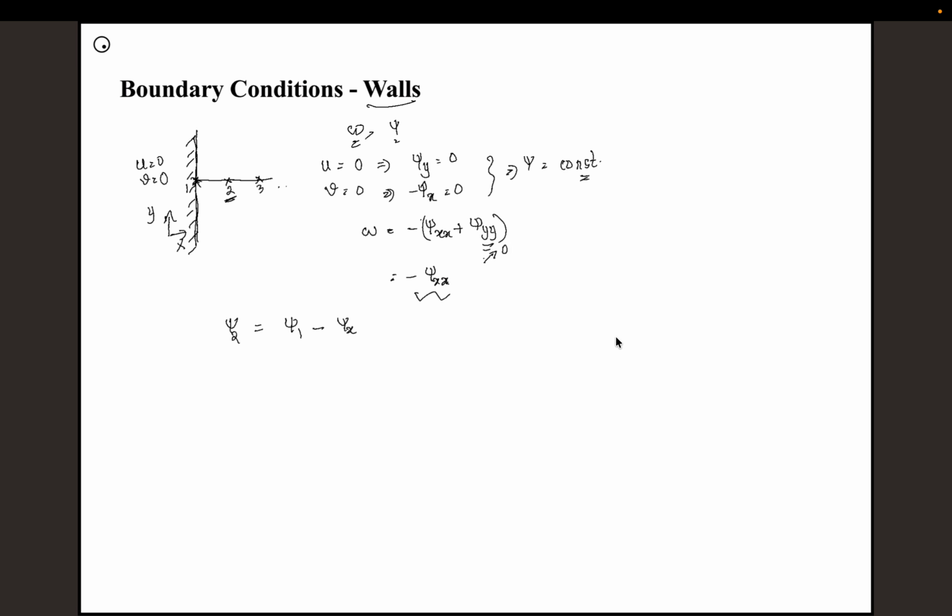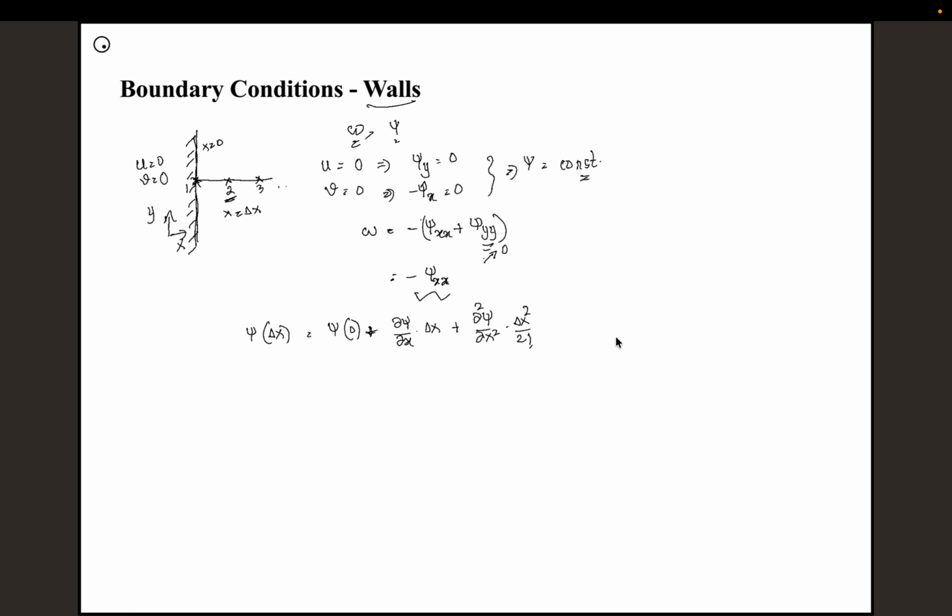minus, just to be clear, so psi 1 is at x equals 0, psi 2 is at x equals, say, delta x. So I'm trying to write an expansion around delta x, which is psi at 0, plus del psi del x times delta x, plus del square psi del x square times delta x square by 2.